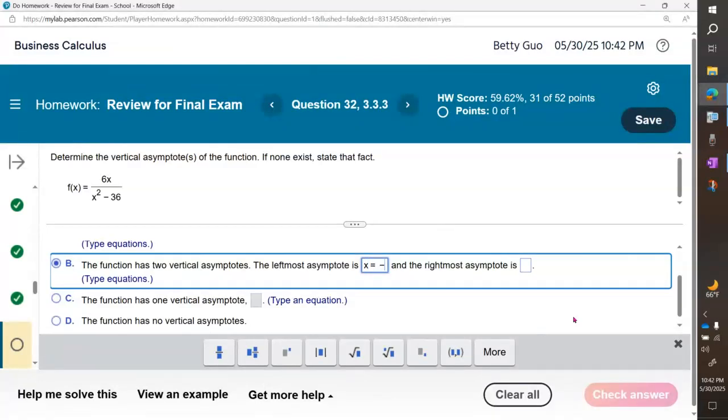If you only enter -6, you got it wrong, because you have to type an equation as the problem shows. The equation for that vertical straight line is x equals -6. The rightmost vertical asymptote is x equals positive 6.